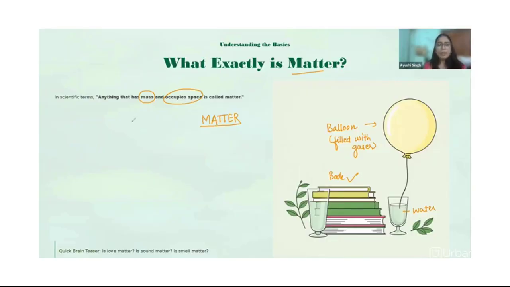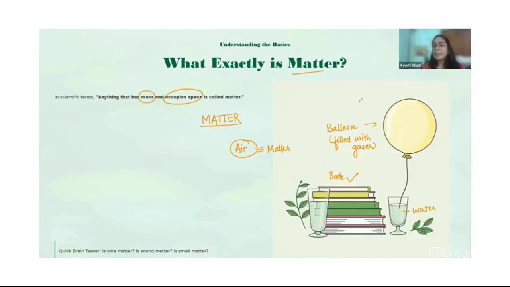If I give you the example of air, do you think air is matter? You might be confused here, but I'll say that it is matter.